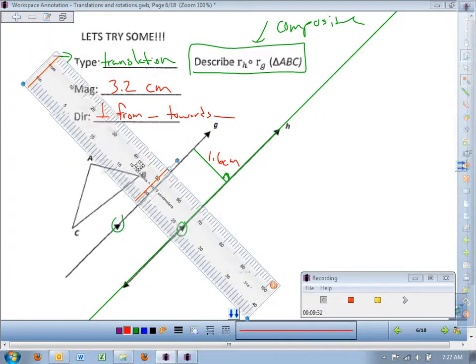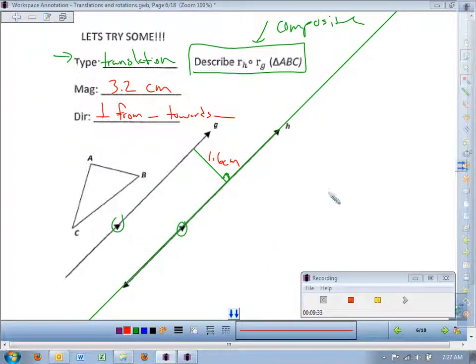What goes in the blanks is the names of the lines. H and G are the names of the lines. So the only thing we need to figure out is which goes where. Where does H go? Where does G go? It depends on which one comes first. When reading the composite, doesn't this say H is following G?